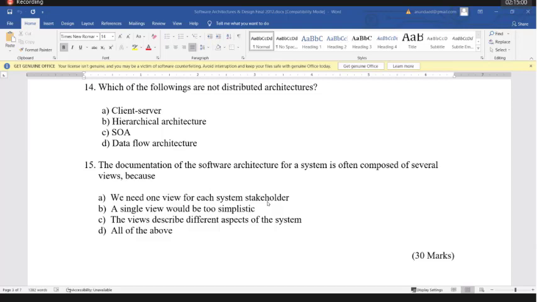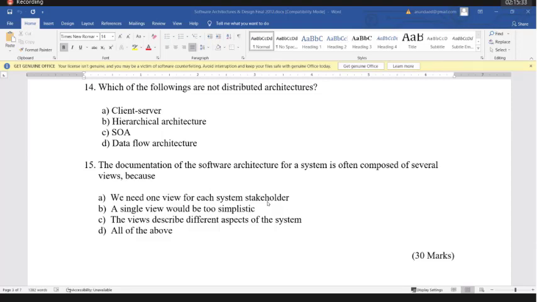Two stakeholders are involved. The project manager needs one viewpoint, and the system engineer takes interest in another viewpoint. The system engineer's is the deployment view, and the project manager is concerned with the allocation view or work assignment view.